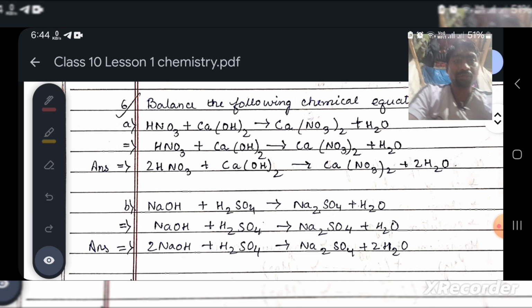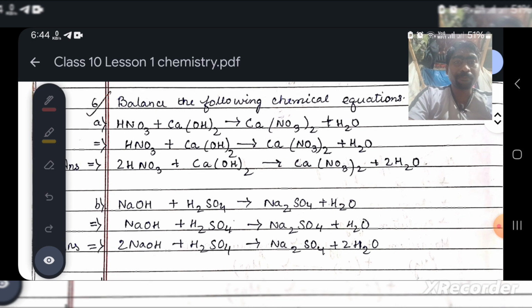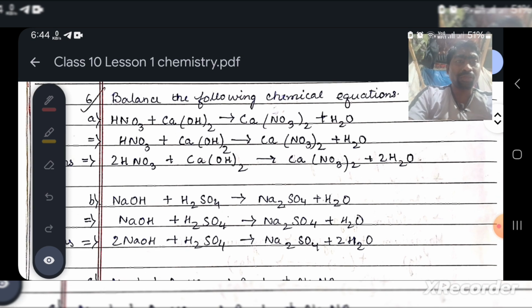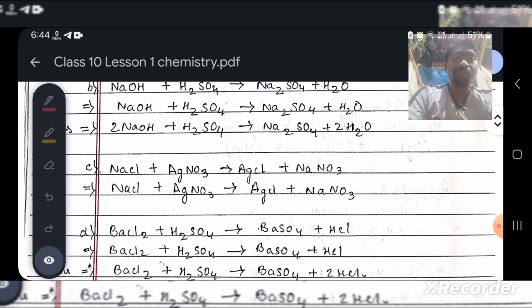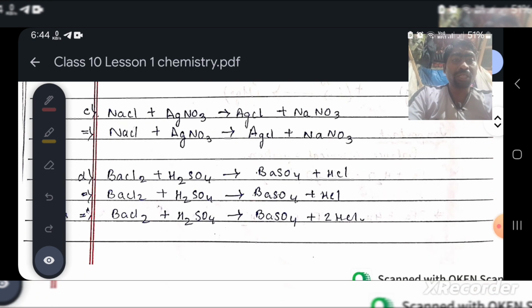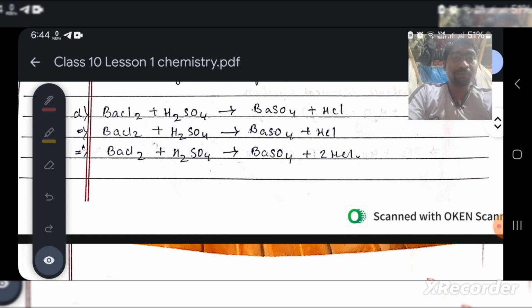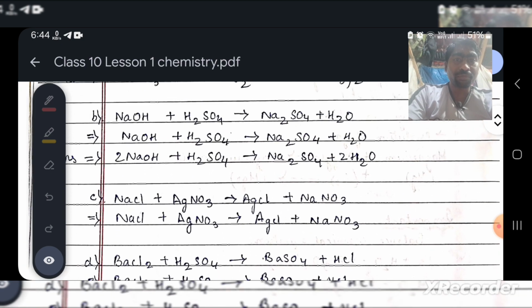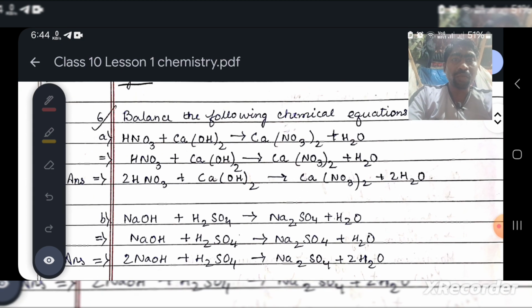That will be better. Just go with the reaction, meaning look at each single element like hydrogen, nitrogen, oxygen, calcium. You have to look at each one singly, then you can understand. If you do this by yourself, then you will become more expert. Okay, you can look at the questions.